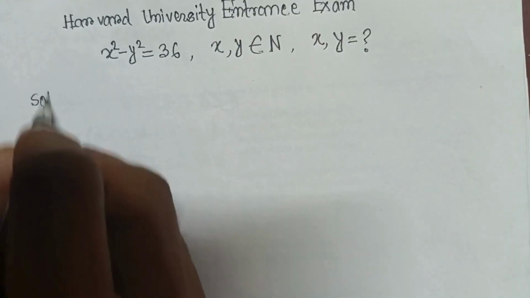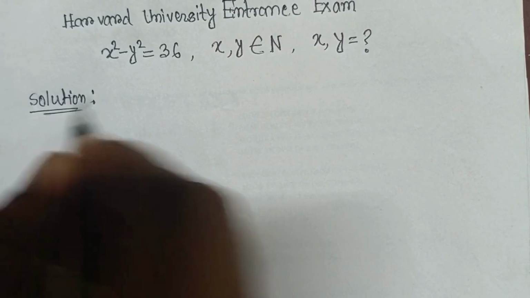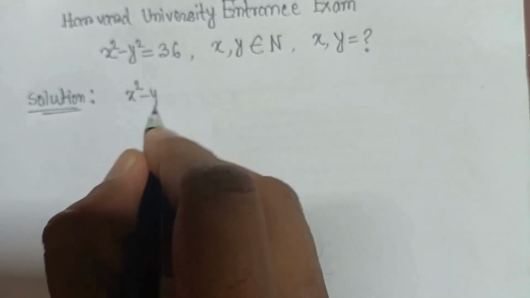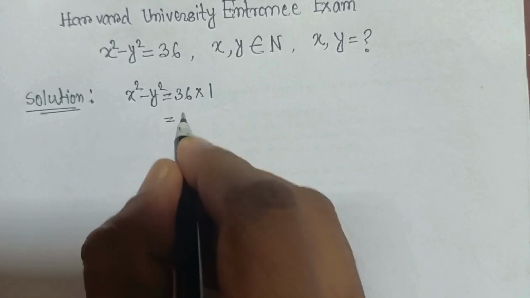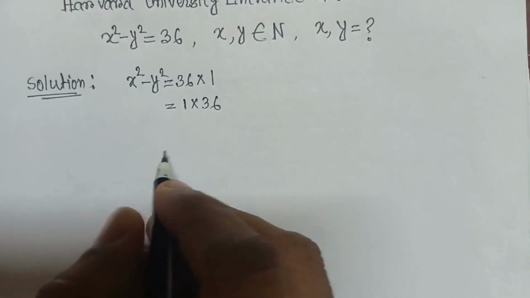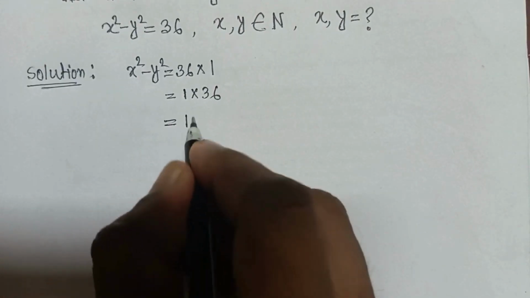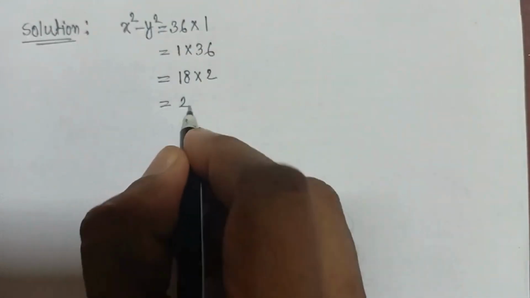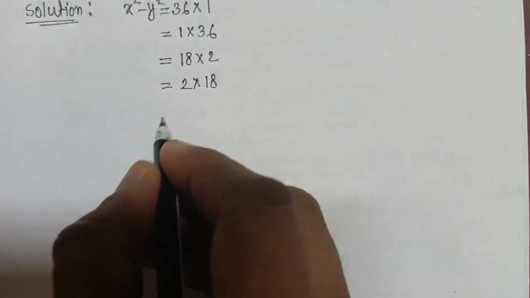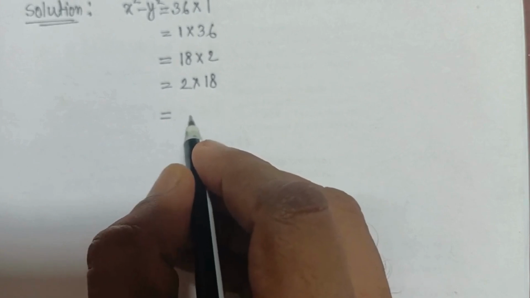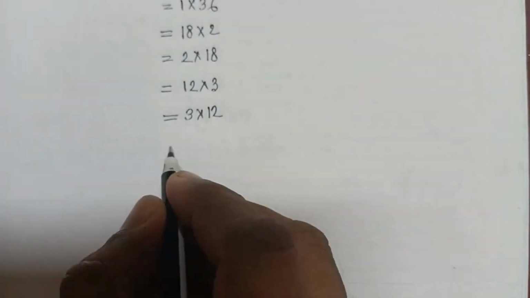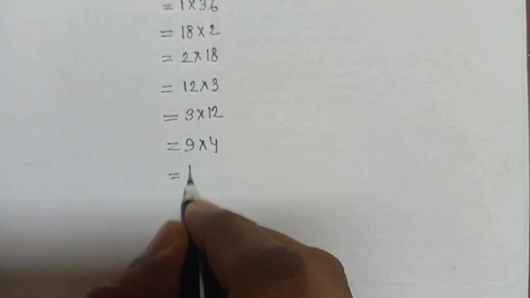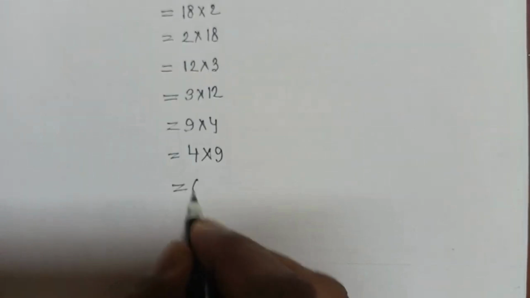So for this, we can break that 36 into several parts, like 36 into 1, or 1 into 36, or we can express 36 as 18 into 2, or 2 into 18, or 12 cross 3, or 3 cross 12, or 9 cross 4, or 4 cross 9, or 6 cross 6.